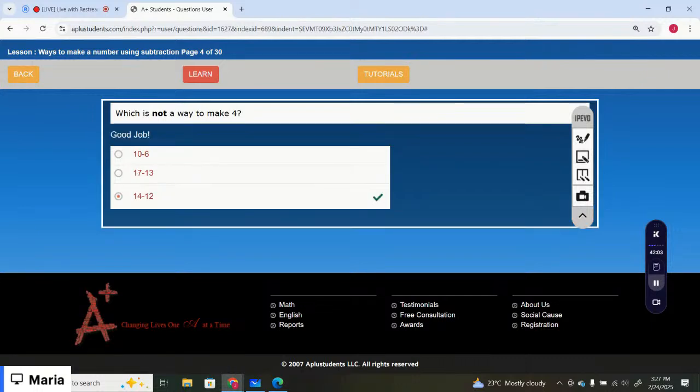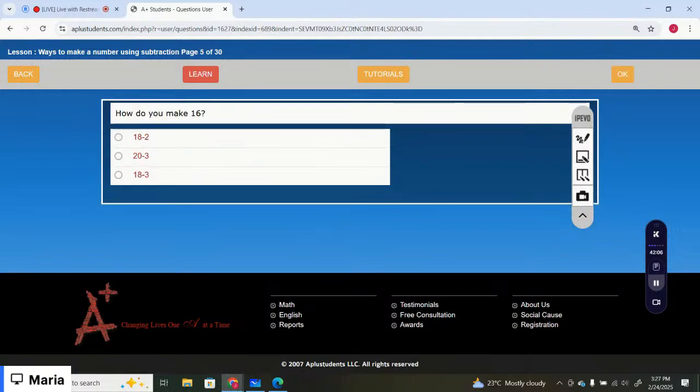That is 14 take away 12. That is the only one that is not a way to make 4.